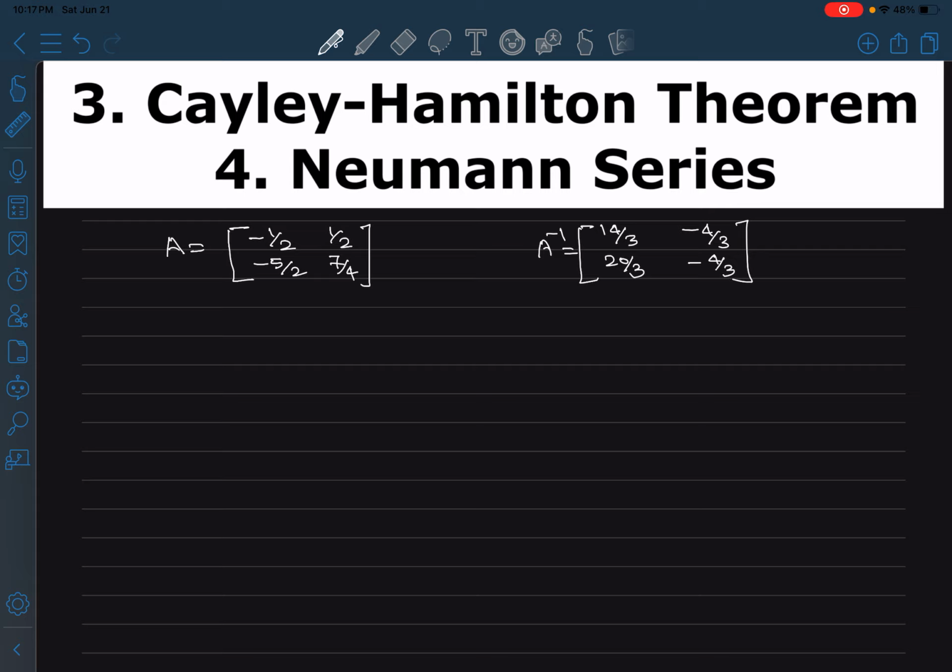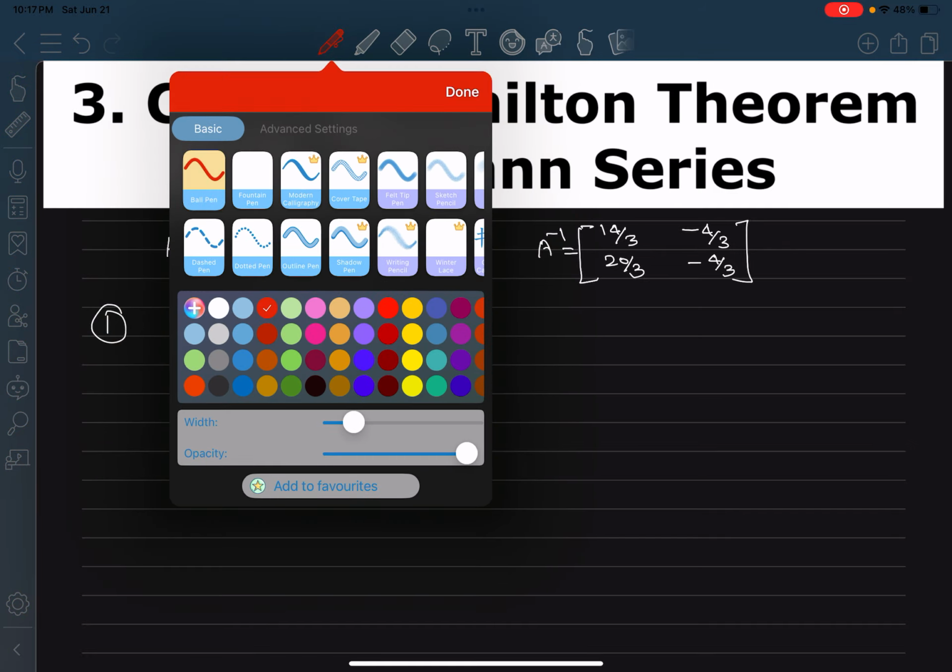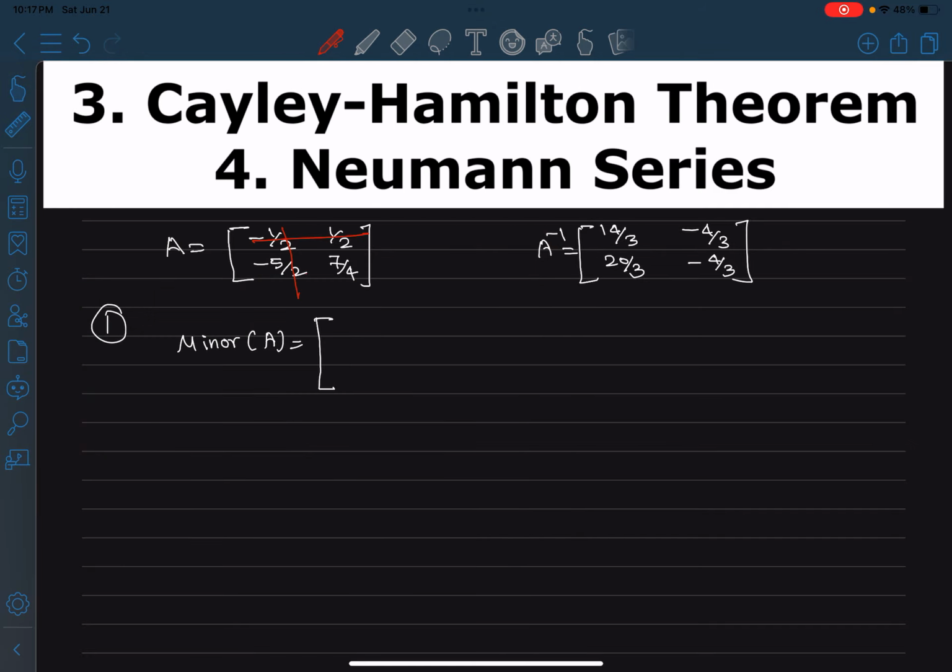Let's first go by the first way, by finding the adjoint. To find the adjoint, you need to first find the matrix of minors and the matrix of cofactors. To find the minor of A, you make a matrix where, corresponding to every element, you cross out the row and column of that element and find the determinant of the remaining entries.